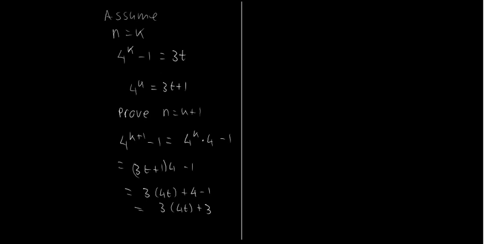If we have that, we can of course factor out the 3 on both terms. So we're going to have 3 times (4t plus 1). This is an integer, right? So it's a direct proof we've been doing all along. It's an integer times 3. Now what does it show?